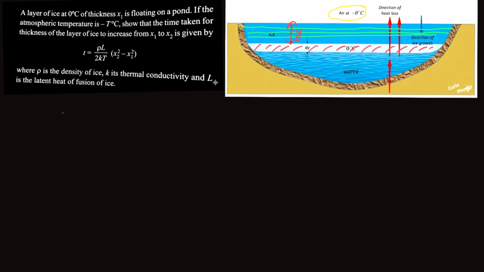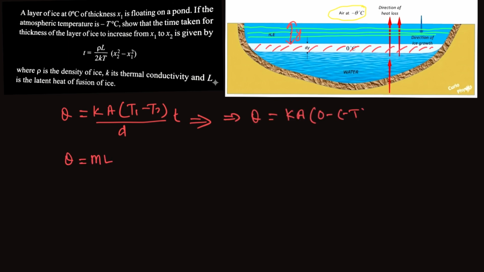Now how much heat is supplied? That heat we can write as K times A times (T1 minus T2) divided by y, times dt, which is just the dQ/dt formula. For time dt I am talking about.